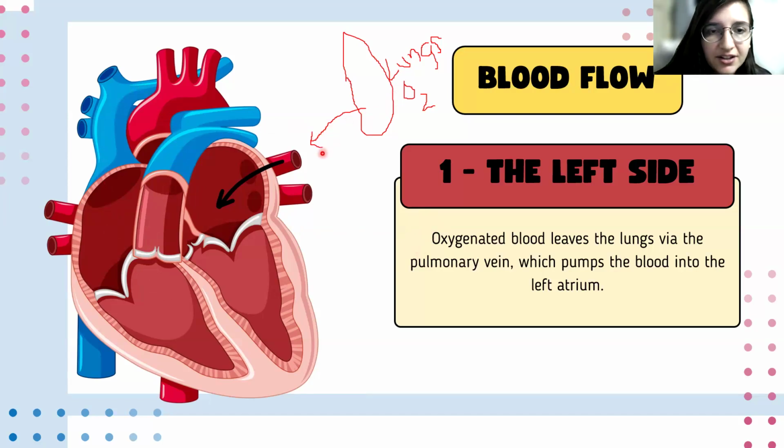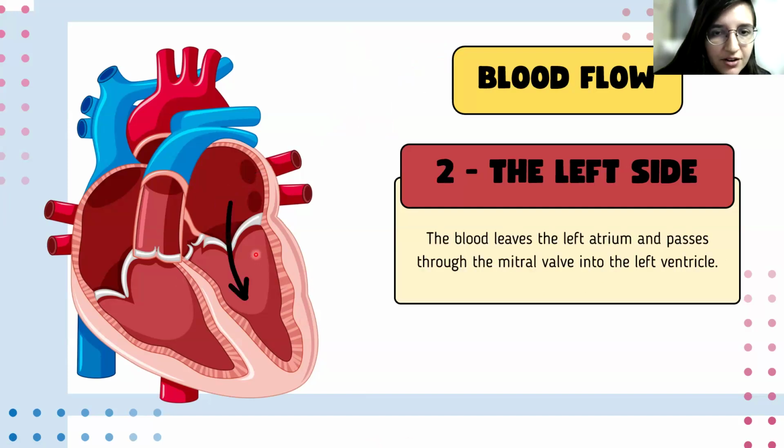And now that it has gotten the oxygen, we come back to the pulmonary vein. It's coming back to the left atrium of the heart. So it's coming here, the left side, okay? It came to the left atrium, and let's see where it goes next. Now it has oxygen. It brought back the oxygen with it. And then it goes to the left ventricle, and from the left ventricle, it needs to be pumped out to the rest of the body.